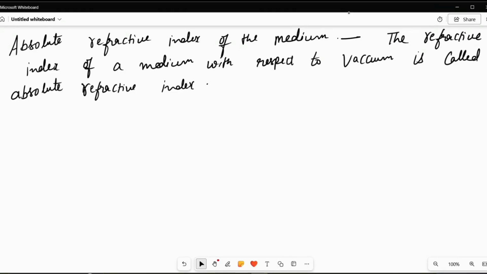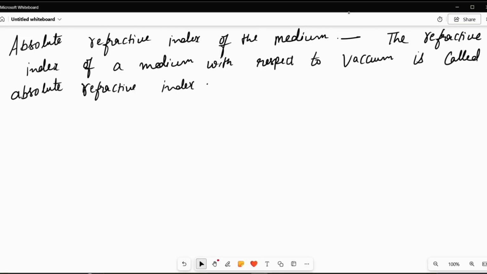Whenever light is moving from air to air or vacuum, it is the same. What we consider is 3 into 10 to the power of 8 meters per second. We also call it C. So light is moving from air or vacuum to any other medium, right? Whatever mu value we get, that we call absolute refractive index.